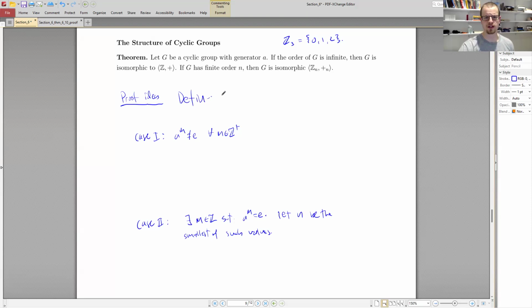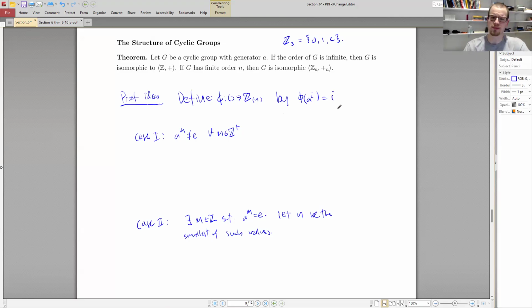So we want to define phi from G to the integers, maybe subscript n there, by phi of a to the i equal to i itself.